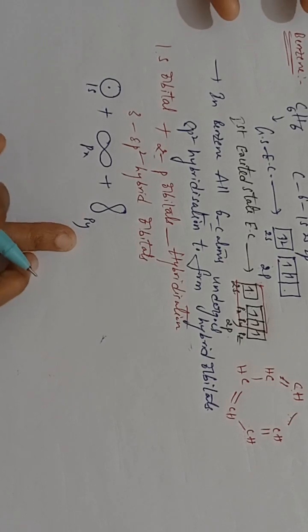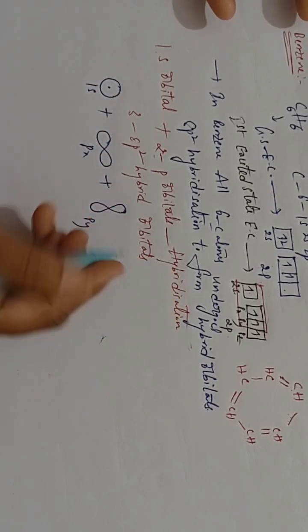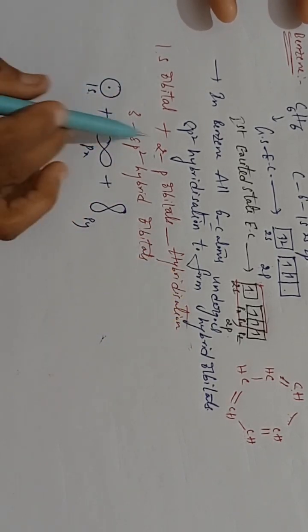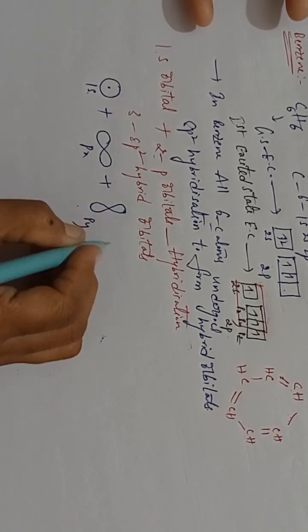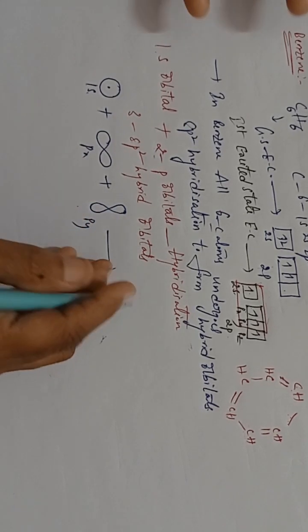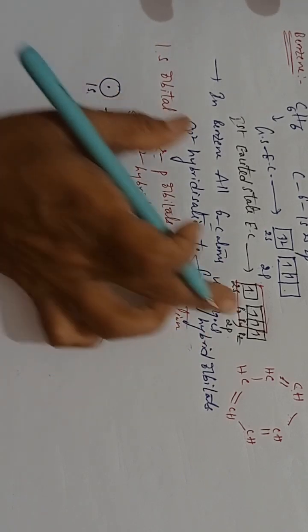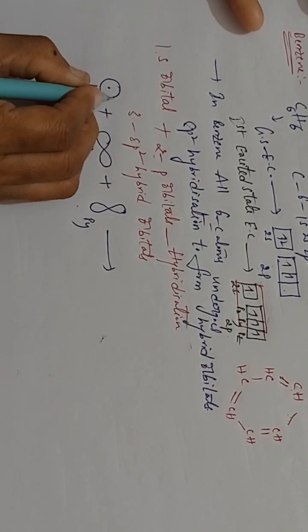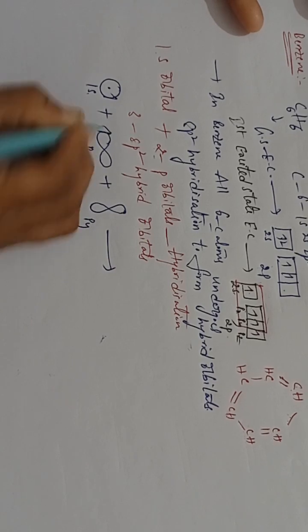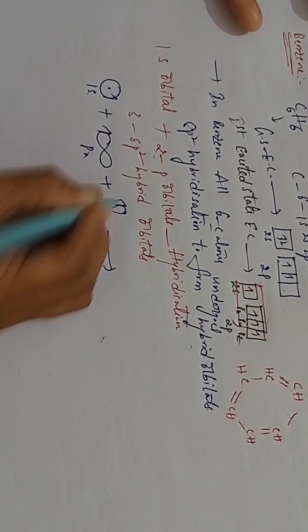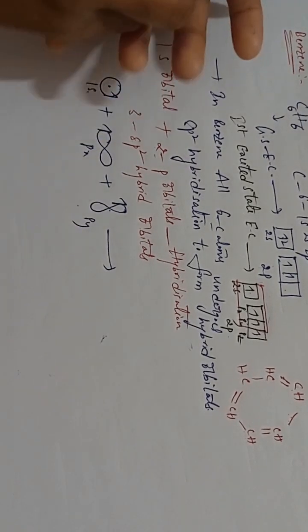The px, py orbitals undergo hybridization with the s orbital, meaning intermixing. All three orbitals belong to the carbon atom, so you take three electrons like this.